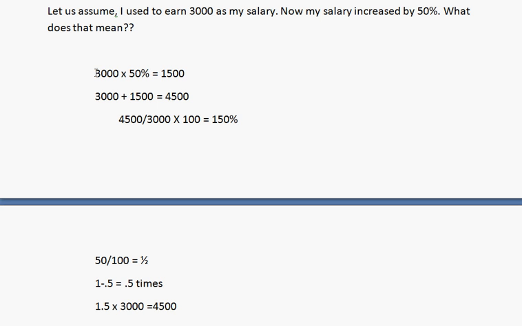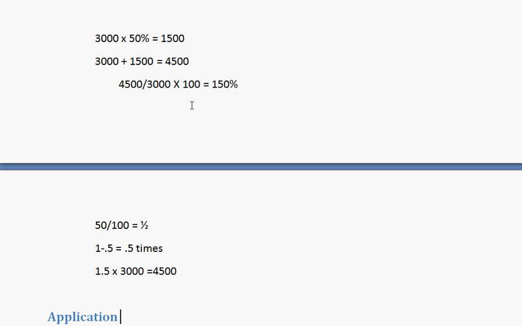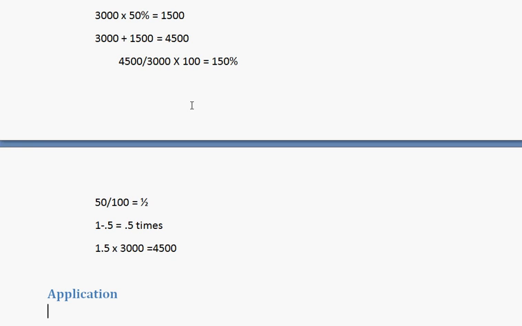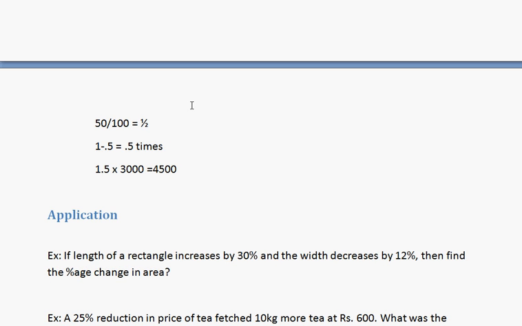So here what we have done is we have found the absolute value of increase and then added that increase to the initial salary to find the final salary. This is also a way out. Or we can do it in terms of fractions and then find the solution. Let's go to some questions. We'll be more clear about it, right?